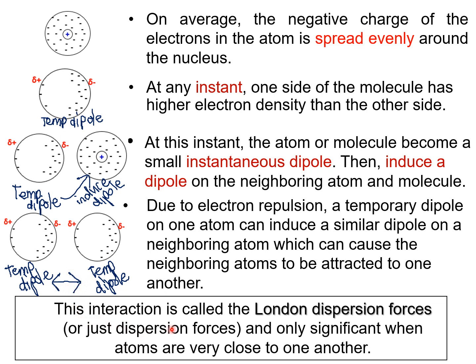So this kind of interaction we call it as London dispersion forces. And London dispersion forces ni syarat dia ialah the atoms tu ataupun molecules tu kena rapat-rapat dengan one another. Kalau tak rapat, tak melekatlah dia.